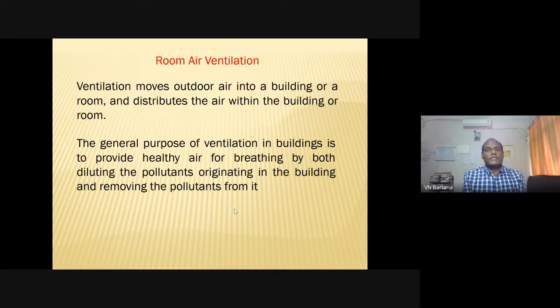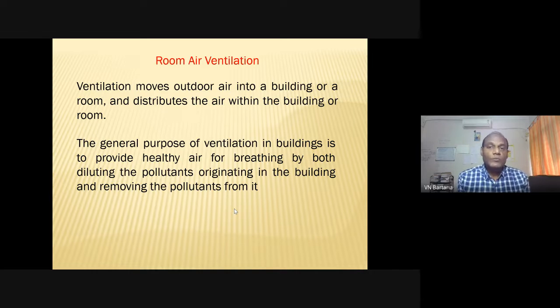So ventilation is just exchanging. It is a process by which we exchange the indoor air with the outdoor air. But outdoor air should also be clean, and studies suggest that outdoor air is comparatively cleaner than indoor air. Indoor air is more polluted, so we need to exchange the indoor air continuously.